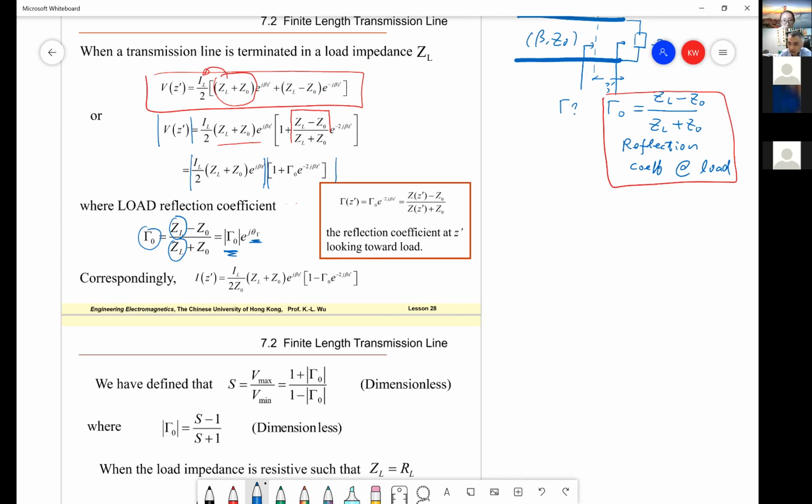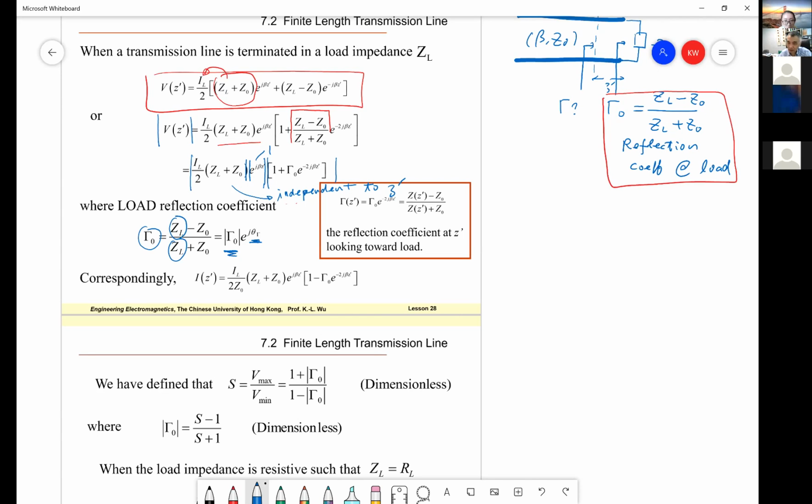This magnitude is independent of Z prime, because this magnitude equals 1. This magnitude has nothing to do with location distance.